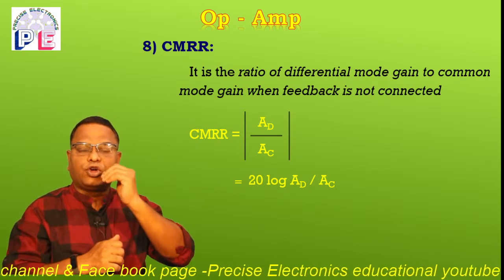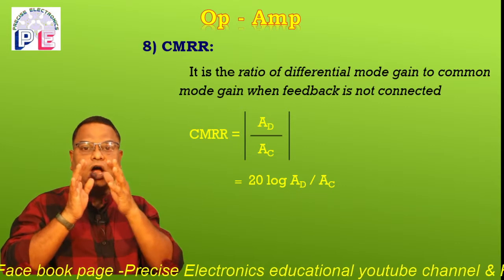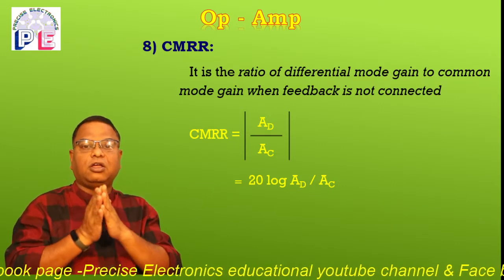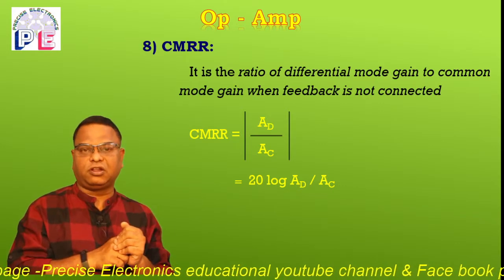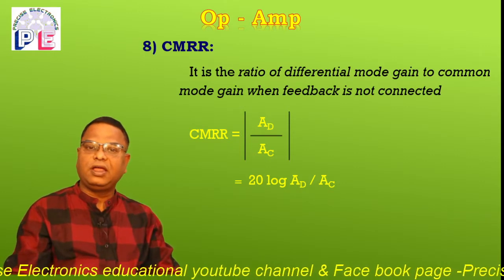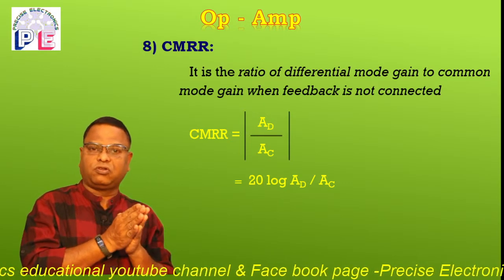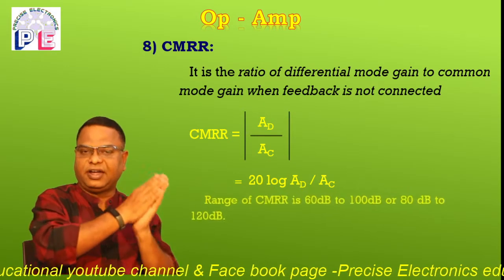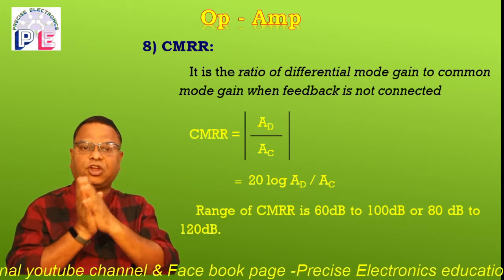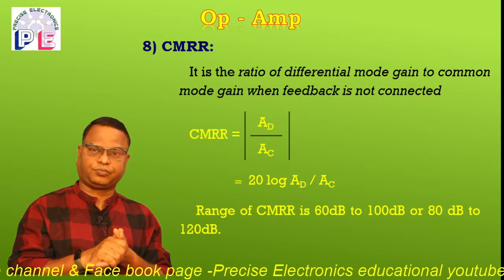By using this formula, 20 log of AD upon AC, we find out the quality of our amplifier, that is, how well the amplifier rejects the common mode signal. This common mode rejection ratio is measured in decibels. It is in the range of 60 to 100 dB, or 80 to 120 dB.